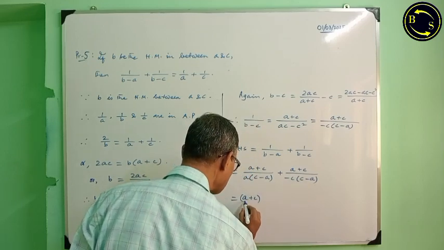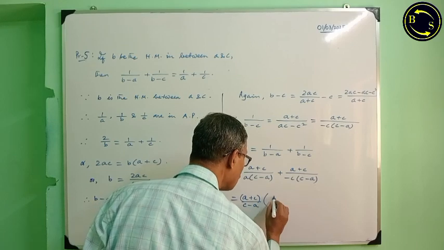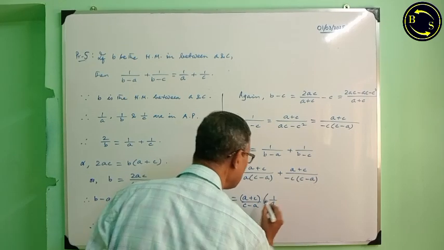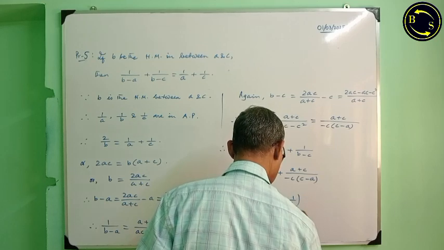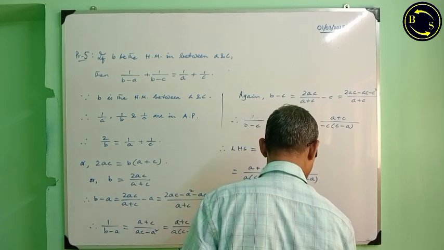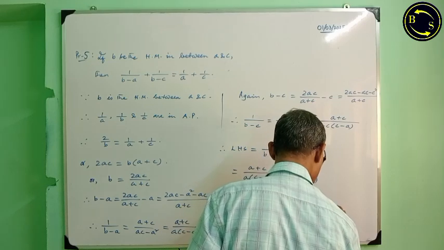Also C minus A is common factor, then 1 by A minus 1 by C. Therefore (A plus C) by (C minus A).